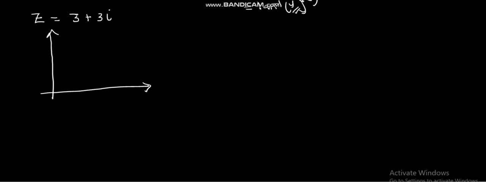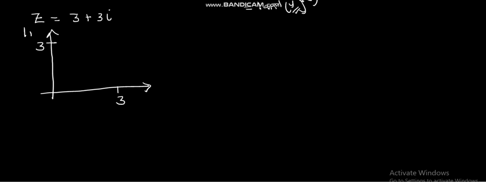Example 1, we have our z is equal to 3 plus 3i. We need to sketch our Argand diagram, and we are having a positive 3 and a positive 3.